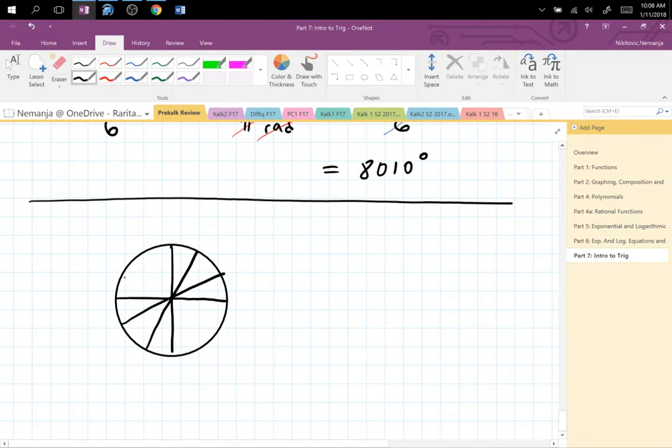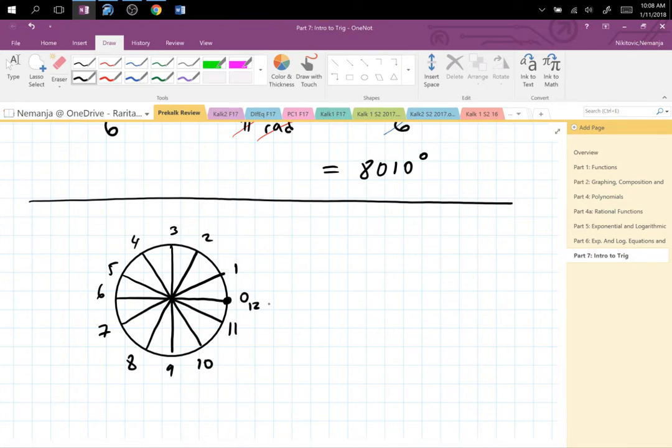And then you can put on it, but you have to start here. 0, 1, 2, 3, 4, 5, 6, 7, 8, 9, 10, 11, and then there's your 12. That's your clock, but as you can see, it's backwards, and it starts at where the 3 would be on a regular clock, because that's where we start measuring angles from the x-axis. Guys, remember that all of this is going to live eventually on xy axis, so that's why we start there.